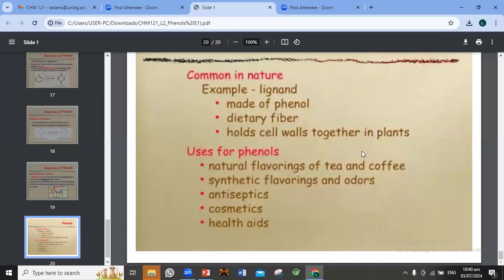So this is the last slide on phenols. Let me quickly go to the last material I want to share.